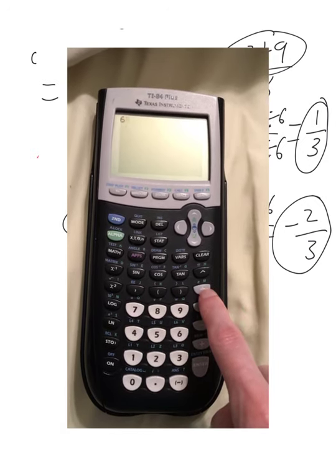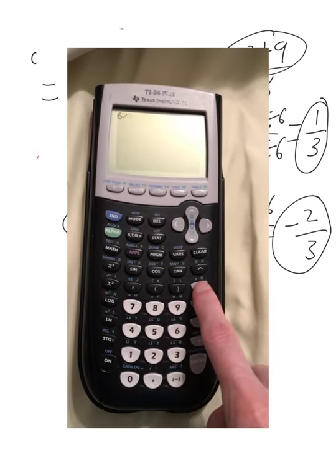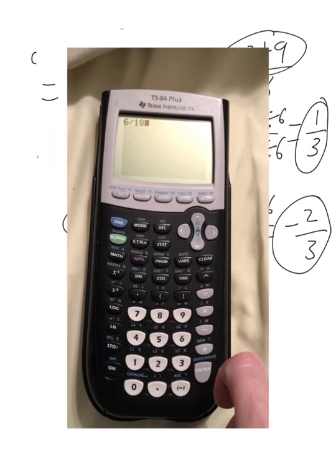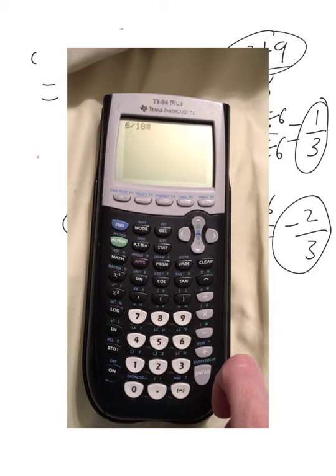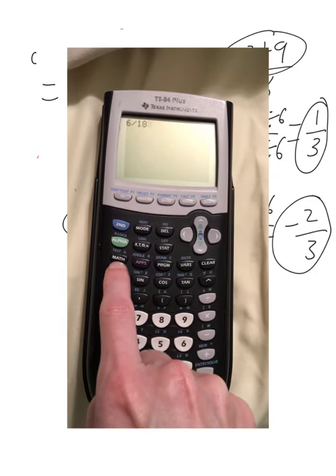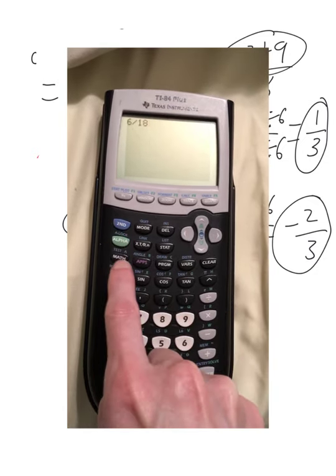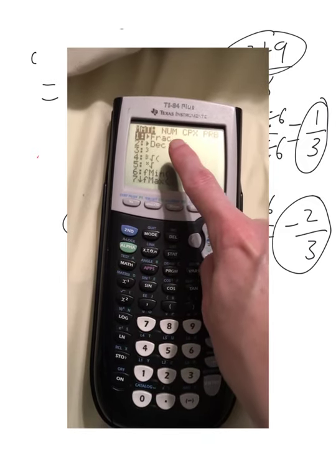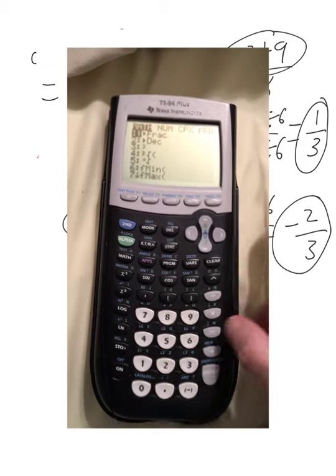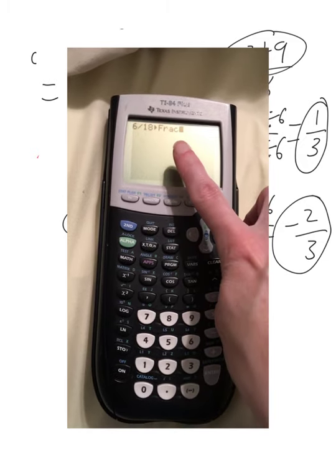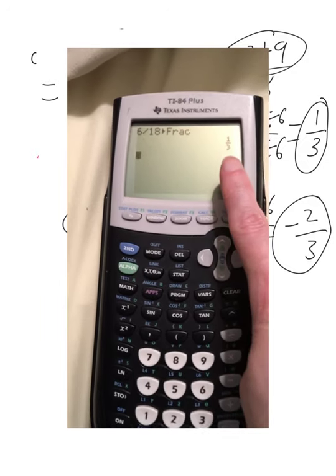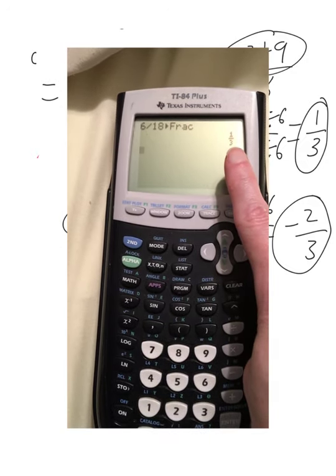The fraction bar just means division, so divided by 18. Now to see if this fraction reduces, you hit the math button, which is the third button down on the left side. I select Frac, option 1, and hit enter on Frac. Frac comes onto the main screen, and then I hit enter a second time. And it does reduce to 1/3.